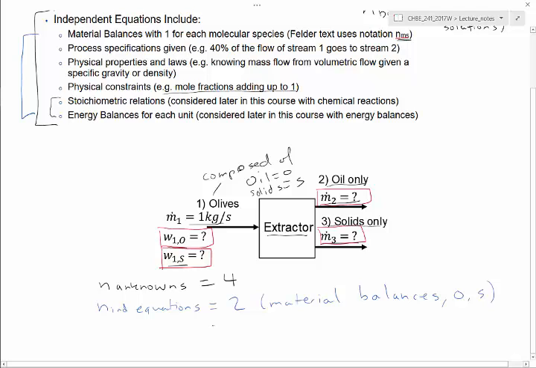And then I'll add one to those: a physical constraint. And this physical constraint is that the weight fraction of oil plus the weight fraction of solid is going to be equal to 1.